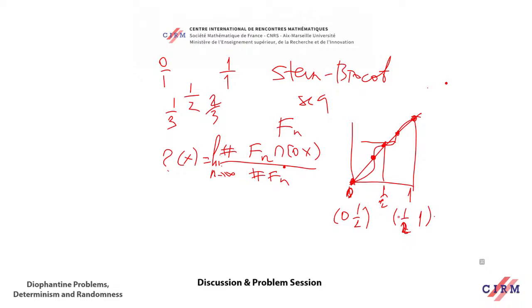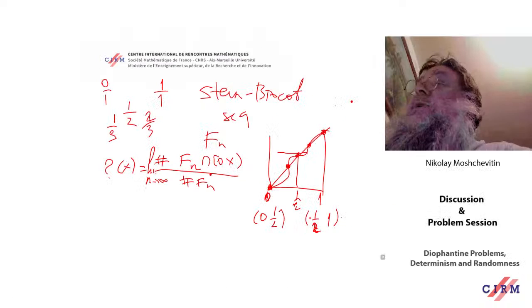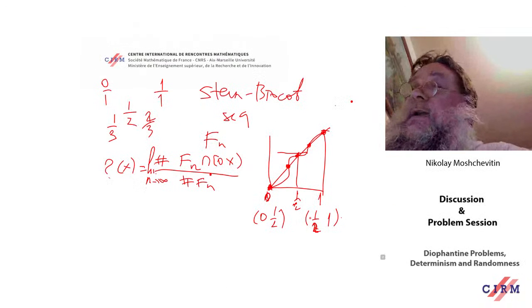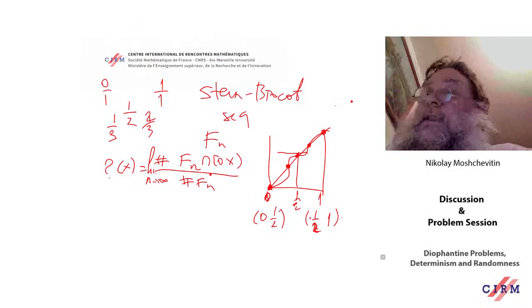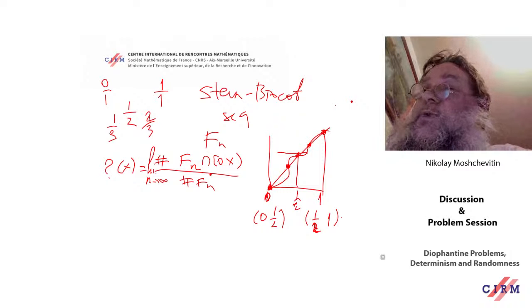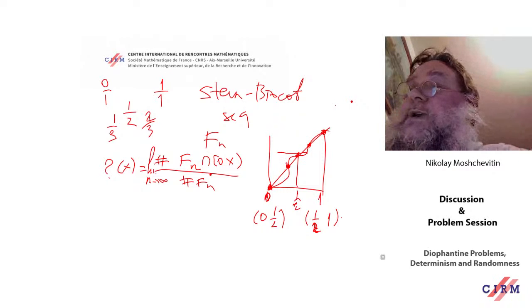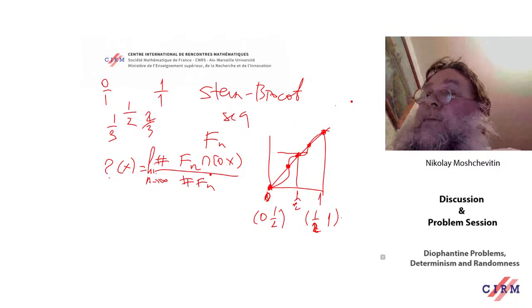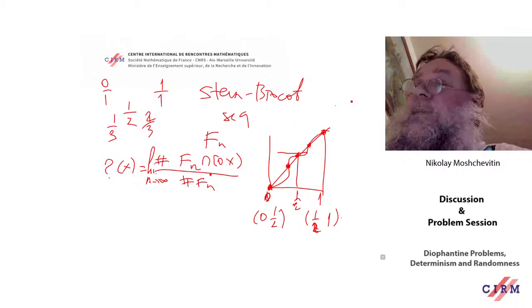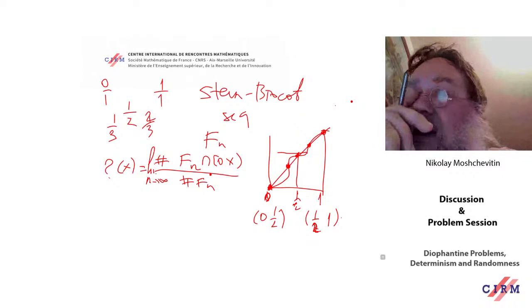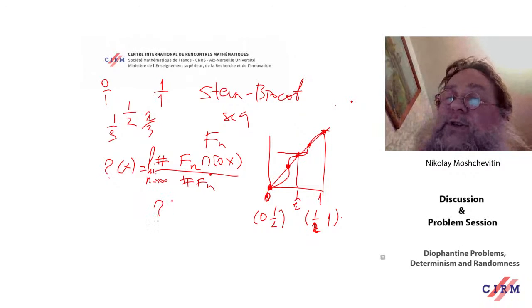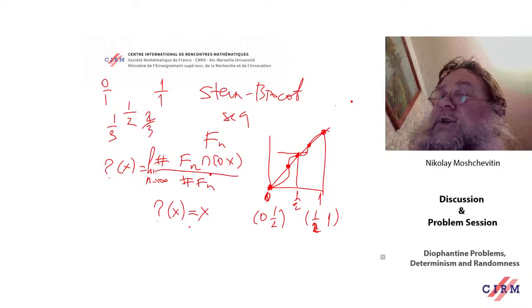The folklore conjecture, which was formulated, I think, only in my preprint, is that these two points are the only ones. So we have just three rational points and just two more points, which are fixed points of the Minkowski question mark function, I mean, the solutions of this equation.